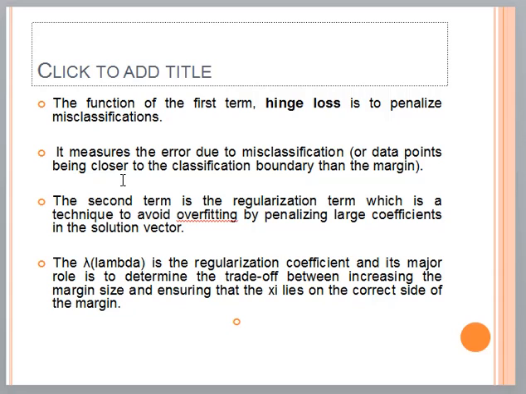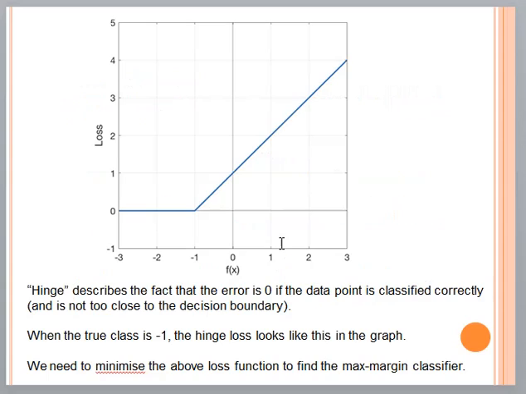Similarly, in support vector machine, the regularization term helps to reduce overfitting by penalizing large coefficients. And here lambda is the regularization coefficient, and its major role is to determine the trade-off between increasing the margin size and ensuring that each point lies on the correct side of the margin, right?